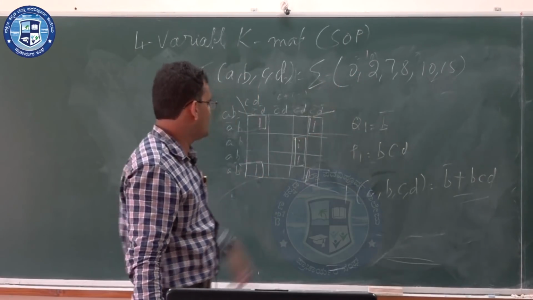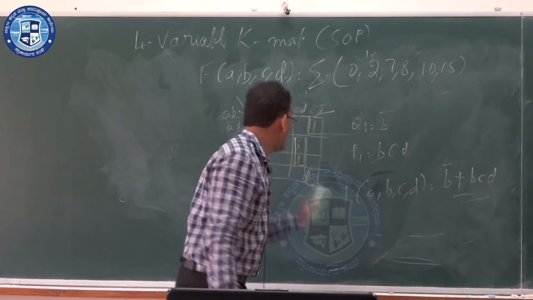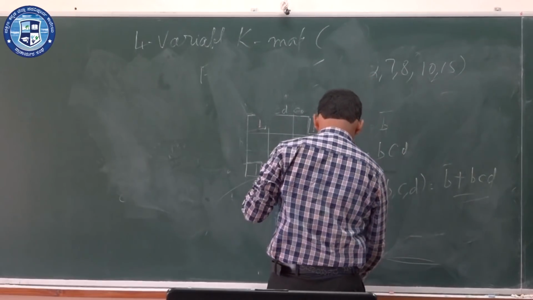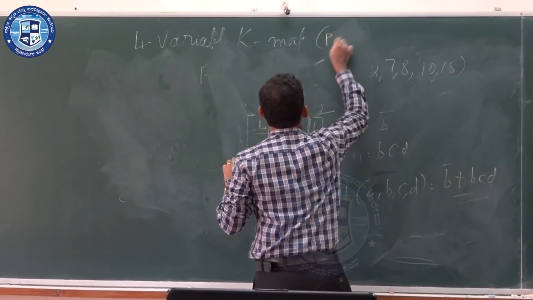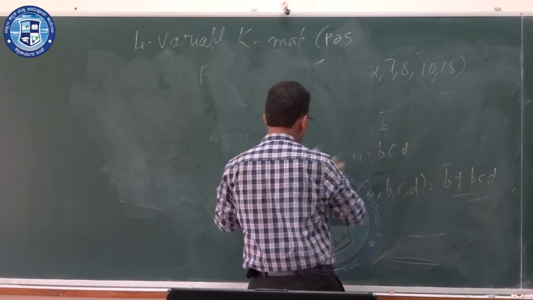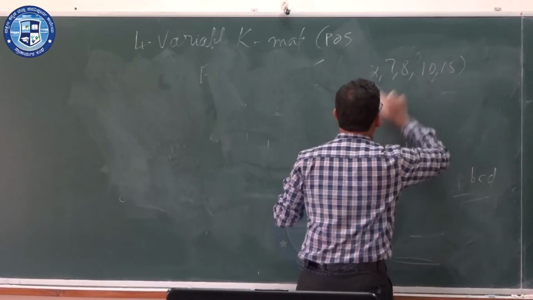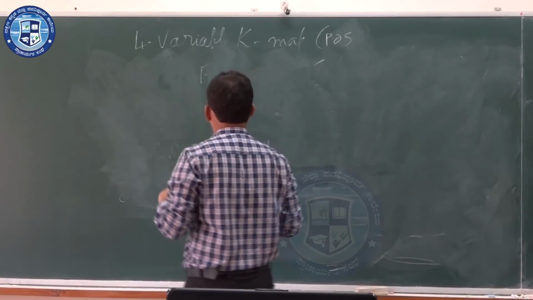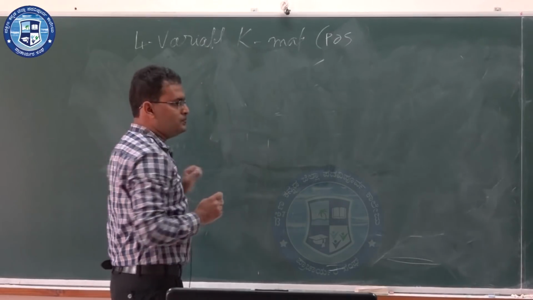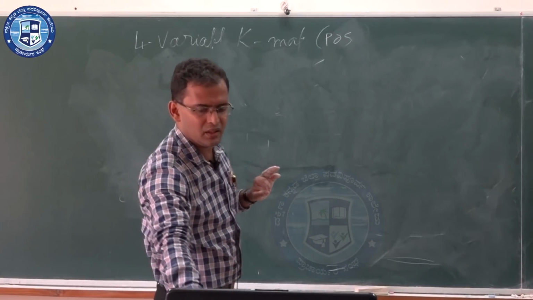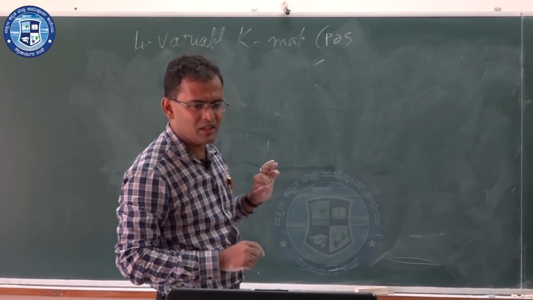But for the POS, what are the changes I need to do? You know that POS is nothing but product of sum, wherein the K map for product of sum is a little different.